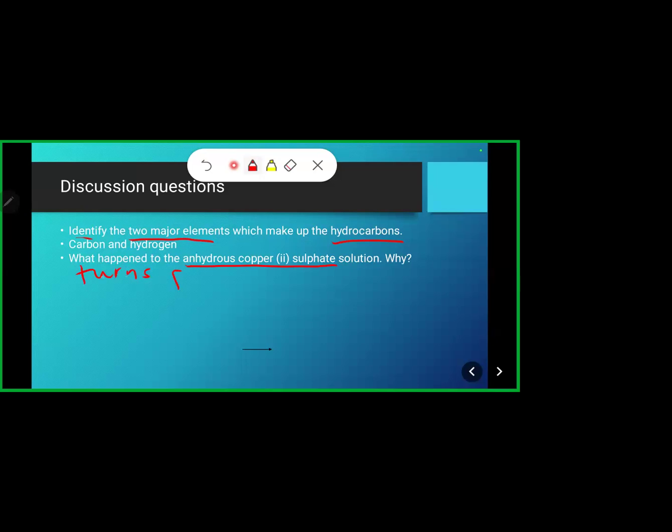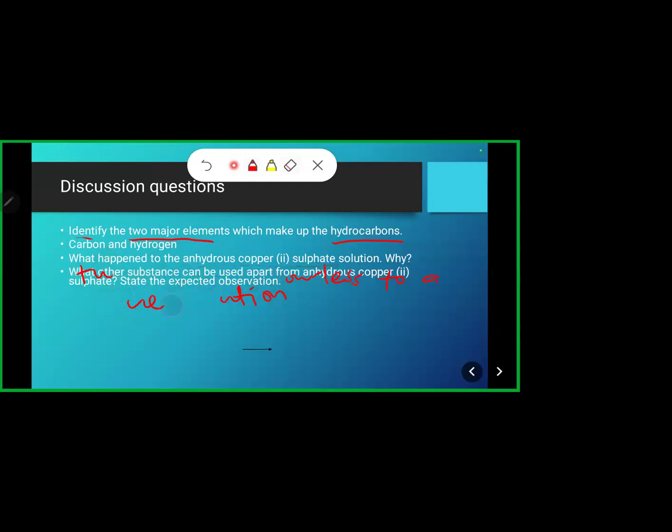Since they said what happened, it turned from colorless to a blue solution. And of course, we say because of the presence of the water vapor that comes from the burning candle. So that's very important for you to take note of.